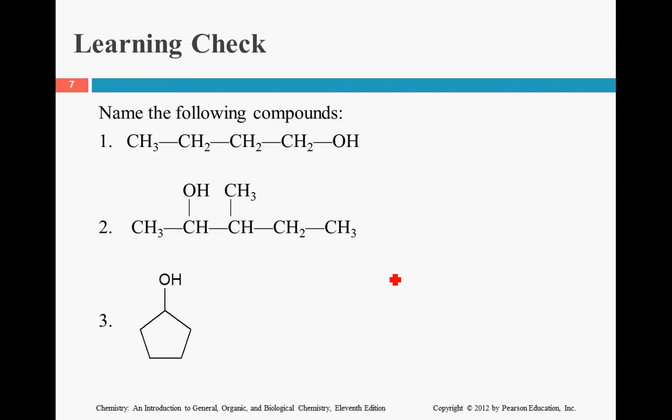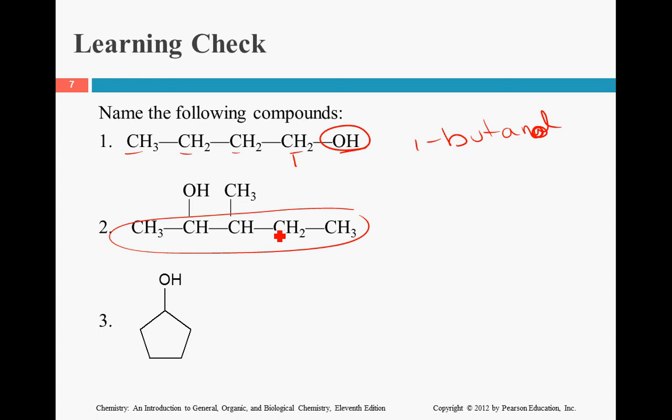So let's practice some naming. 1, 2, 3, 4 carbons. That gives us butane. It's an OH group, so it's butanol, OL. Remember, start counting from closest to the OH, so that's 1-butanol. Here we have 1, 2, 3, 4, 5.